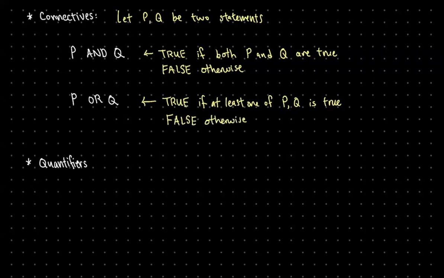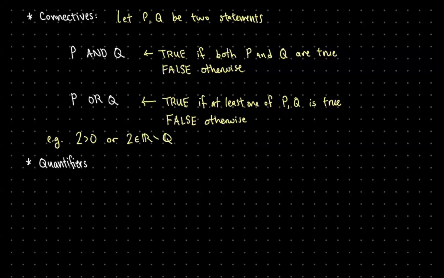So as an example, let's say, oh, sorry, that's not an or statement. Let's say 2 is greater than 0, or 2 is irrational.